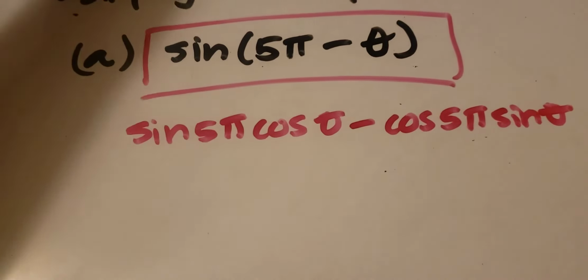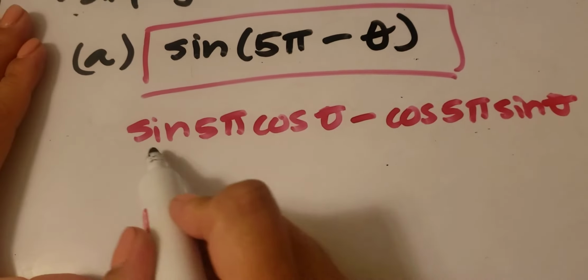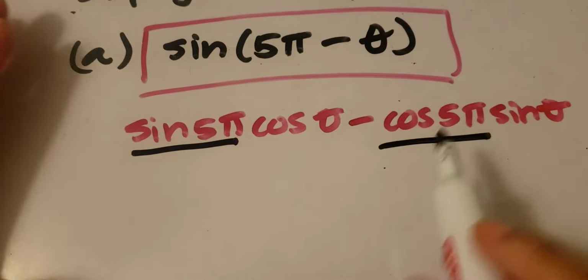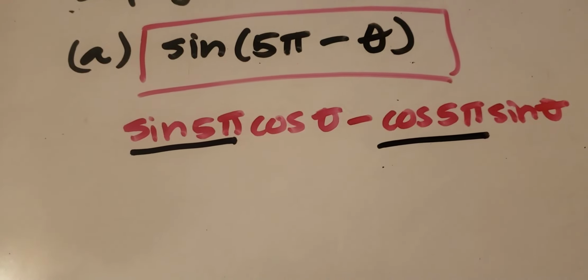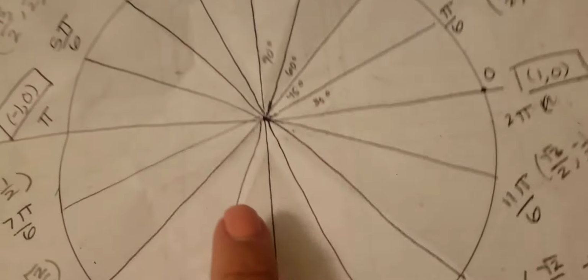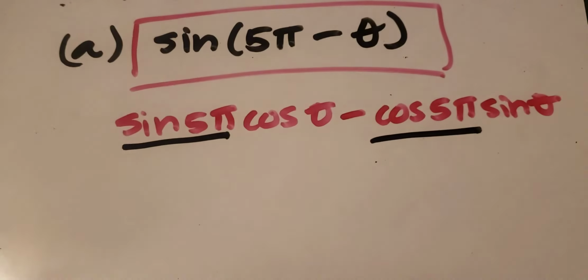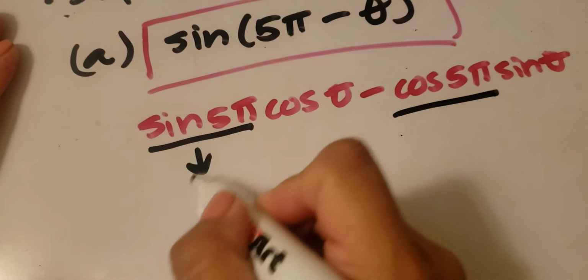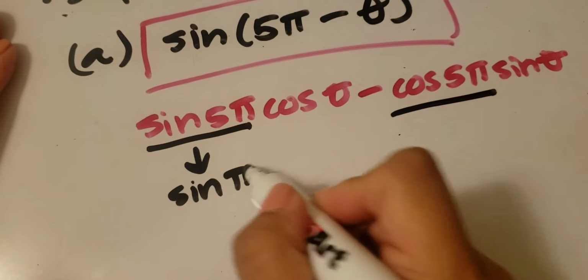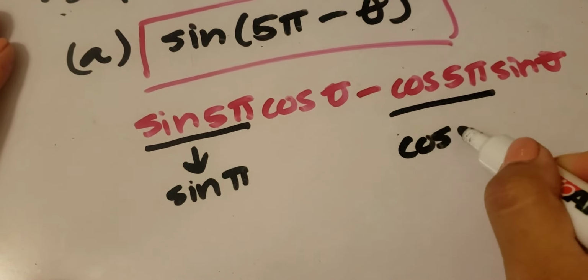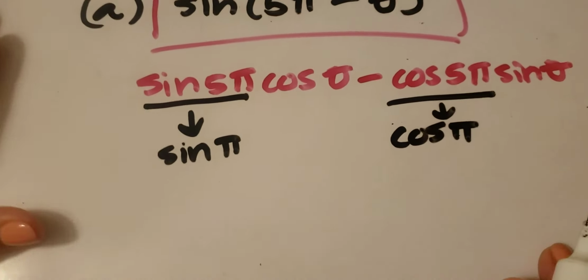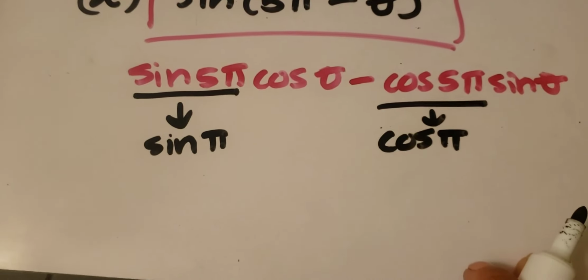Now, we can get a value from sine of 5 pi and cosine of 5 pi. Using your unit circle, 5 pi is 2 revolutions and then half a revolution. So it's the same as sine of pi, and the same thing here, this is the same as cosine of pi. So it's 2.5 revolutions.